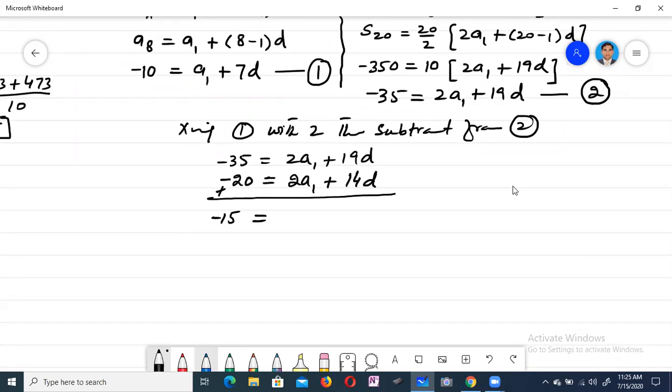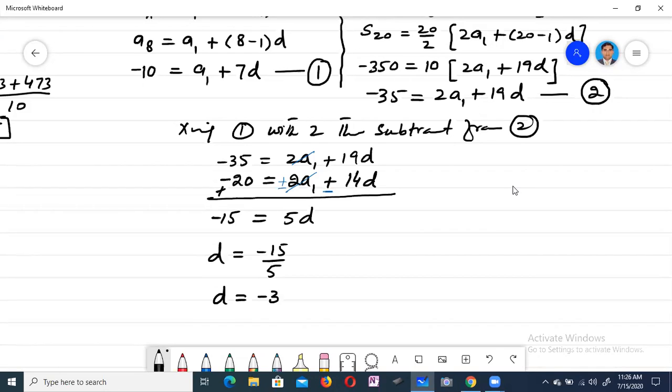That will be equal to here minus 2a and, after changing the sign, this will be minus. Minus 2a plus 2a cancel. Then other side here will be 19 minus 14 is 5d. Then d will be equal to minus 15 divided by 5. D will be equal to minus 3. This is d.